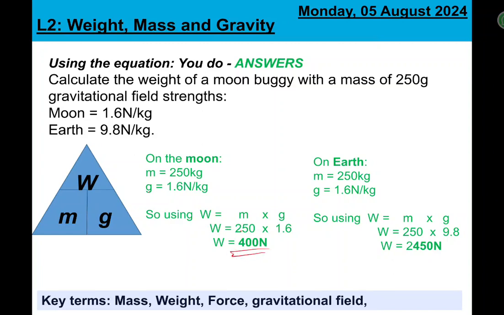On Earth, the mass is 250, and the gravitational field strength is 9.8 Newton per kilogram, and W is equal to M times G. 250 times 9.8 is equal to 2,450. That will be all for mass and weight.